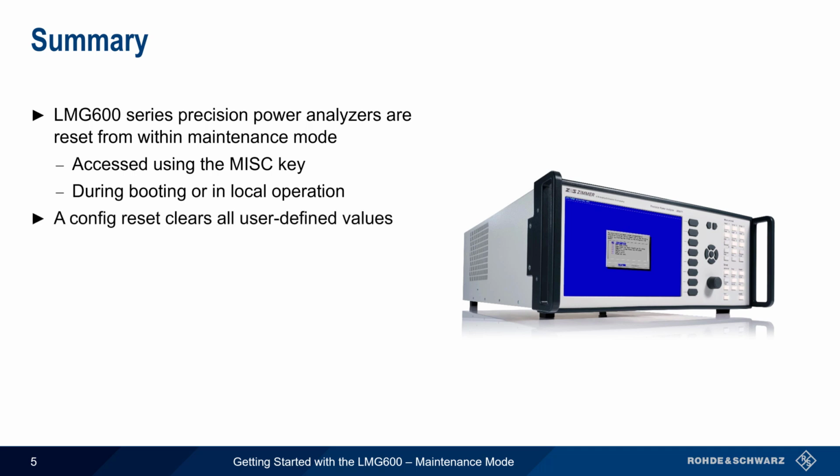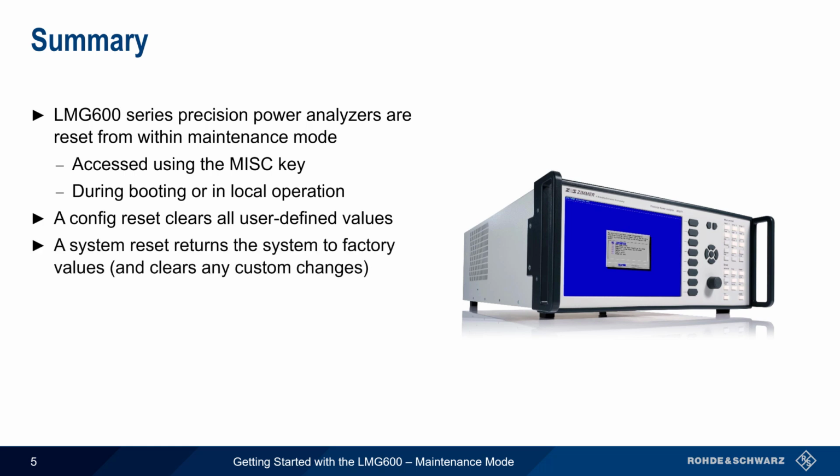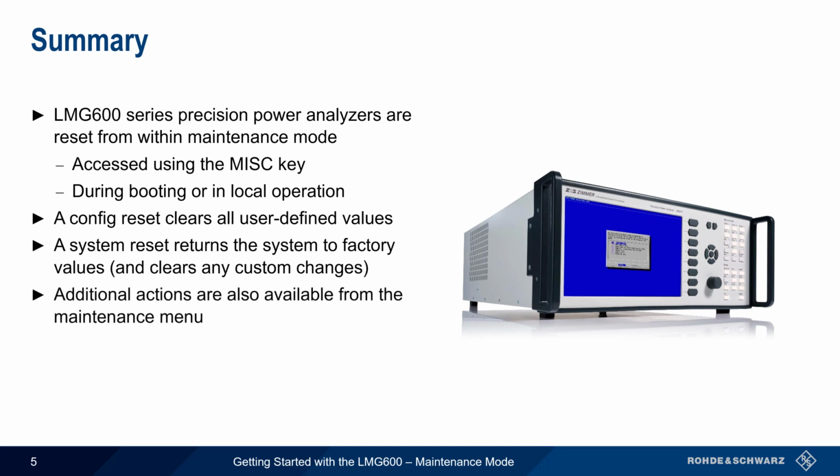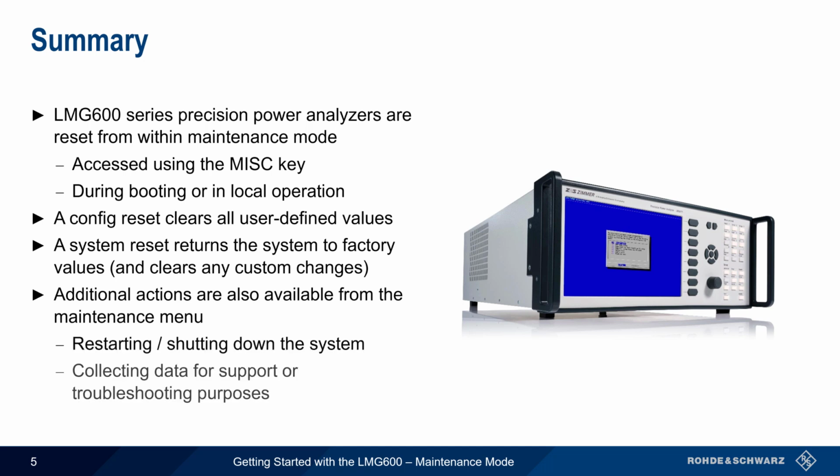A config reset simply clears all user-defined values, whereas a system reset will return the system to its factory default values and will also clear any custom changes. In addition to these reset options, additional actions are also available within the maintenance menu, such as restarting or shutting down the system, or collecting different types of data for troubleshooting or support purposes.